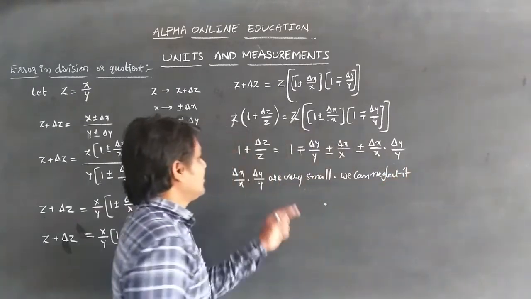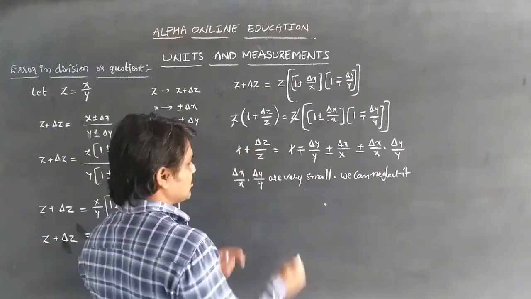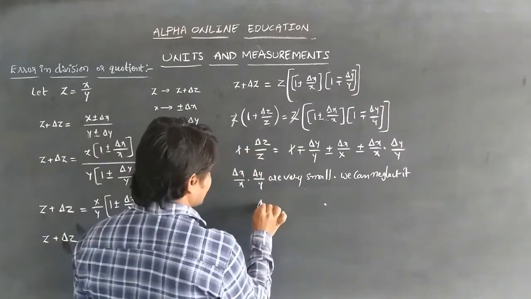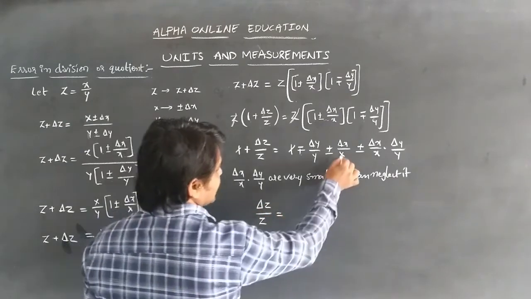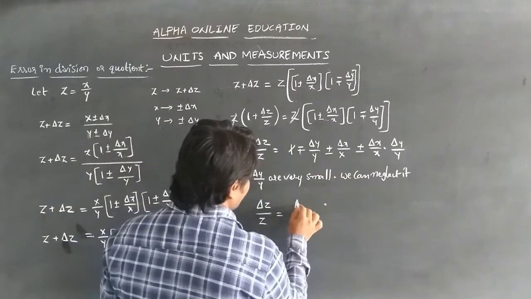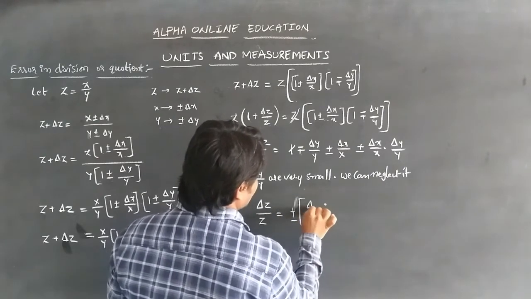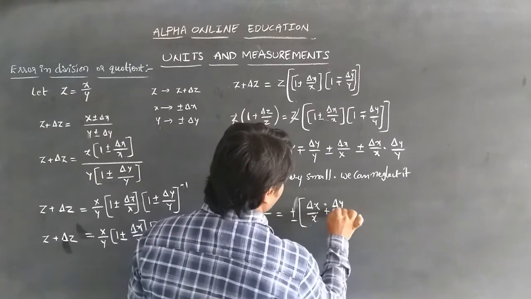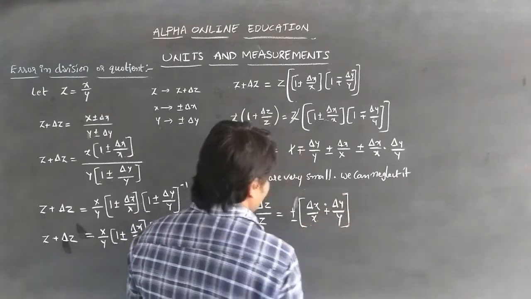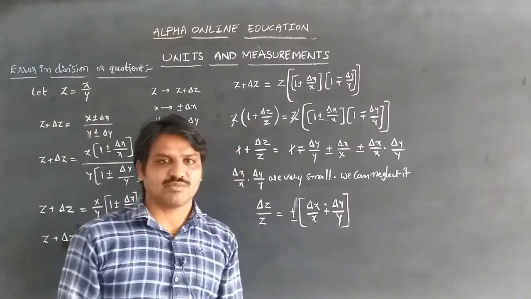So by removal of the plus 1 and plus 1, both get cancelled on both sides. Then from that equation we get delta z by z, which is equal to plus or minus, which can be taken outside, then we can write delta x by x plus delta y by y. We know that whenever we take the values, the absolute error must be positive.